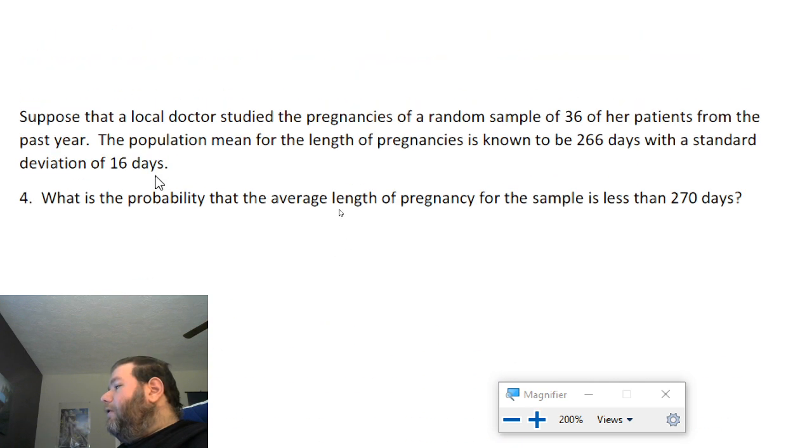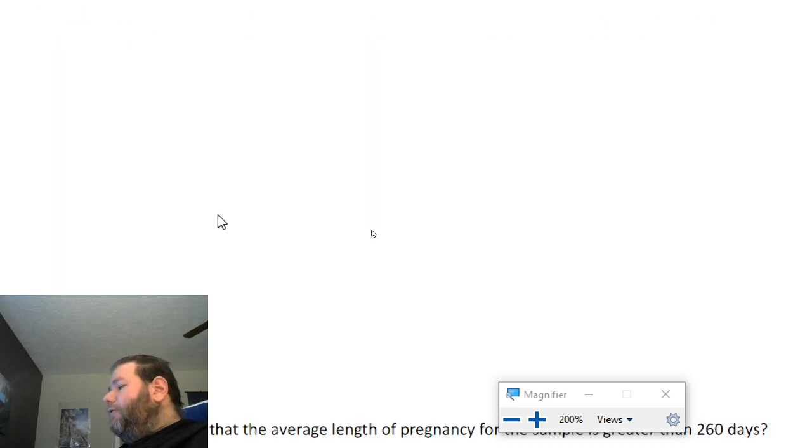It's a short problem. Now, problems 4 and 5 are both with this. This time we have a sample of 36 individuals, so this is an 8.1 question, talking about central limit theorem, and we have a little bit different z-score calculation as a result of that.